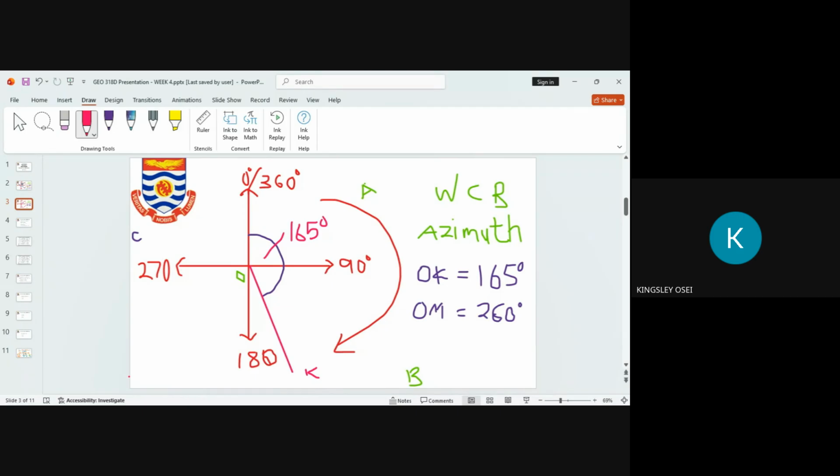It splits the cardinal directions into two major areas. But how you lay it will determine. Because it is 165, it's coming from the north, it will clear 90 and enter here. You have to place your protractor this way.